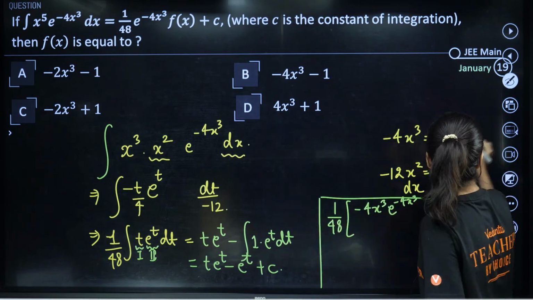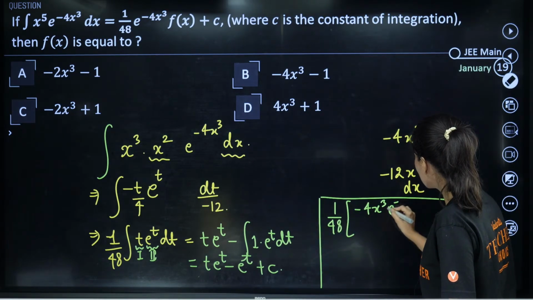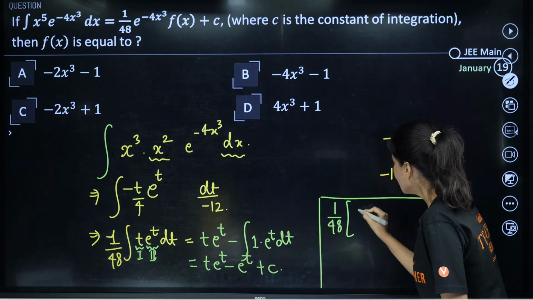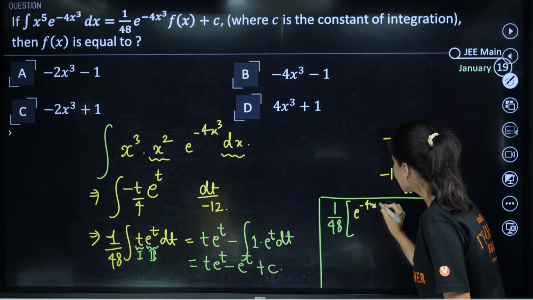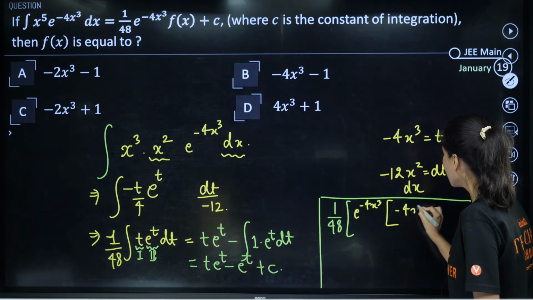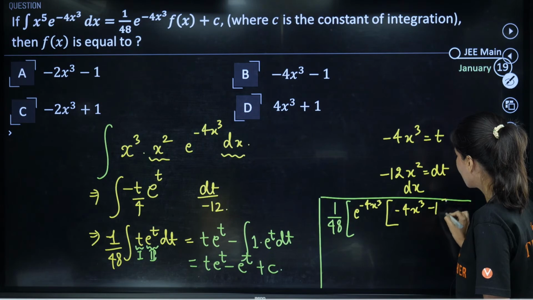Or we can take something common. We can take e raised to power t common, so e raised to power minus 4x cube is common and we have t minus 1, that is minus 4x cube minus 1.